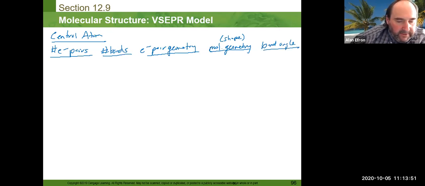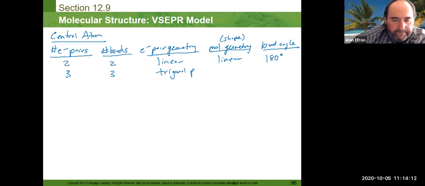So 2 electron pairs, 2 bonds. This is going to give you linear and linear. Both names are the same because you'll have no dots on your Lewis structure. Bond angle will be 180 degrees. 3 electron pairs and 3 bonds will give you trigonal planar for both names. Again, you will have no non-bonding electrons. Bond angle 120 degrees. 4 electron pairs, 4 bonds will give you tetrahedral for both names.